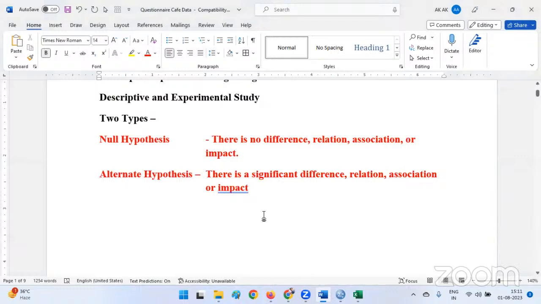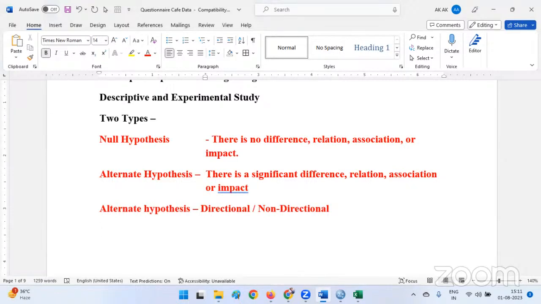And before that, it is important that alternate hypothesis also has two types. Alternate hypothesis is either directional or non-directional. Now I'll tell you what is the difference between directional and non-directional.